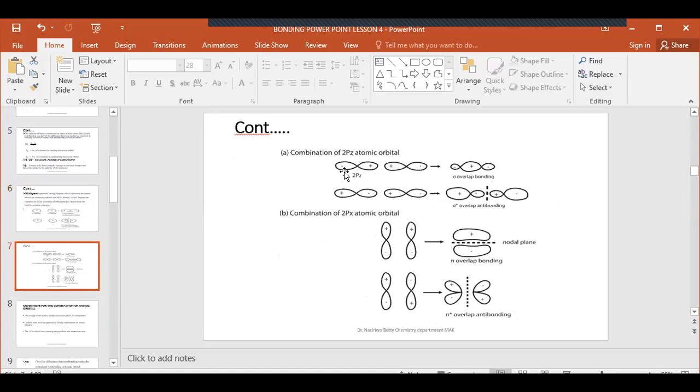For the 2pz, positive lobes combining form the sigma overlap, or sigma bonding molecular orbital, and for positive and negative we get the antibonding sigma overlap. When we have the 2px atomic orbitals plus plus, it leads to a sigma overlap bonding orbital. Then if it is plus and minus, we get the antibonding, and the structure looks like that. This shows the nature of the form of the bonding and antibonding molecular orbitals.